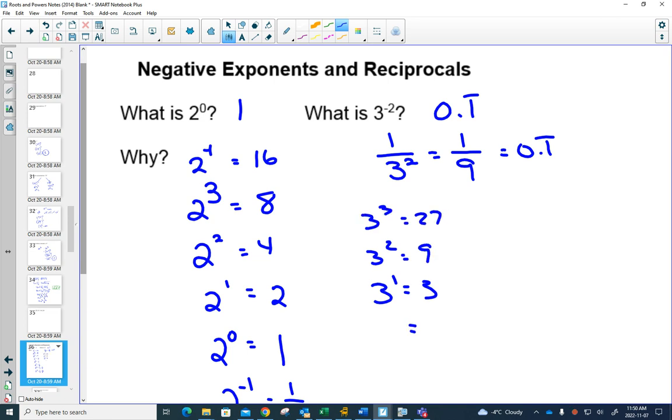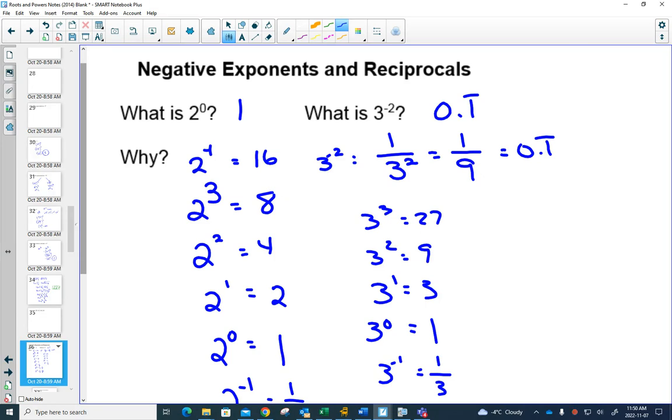What's the pattern on the left? I'm going down by 1. What's the pattern on the right? We're dividing by 3. So it'll be 1 for 3 to the 0. And 3 to the minus 1 will be 1/3. And 3 to the minus 2 will be 1/9, which is the same as 1/3 squared.